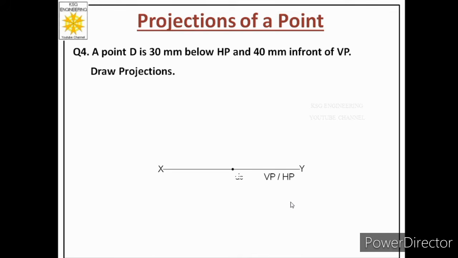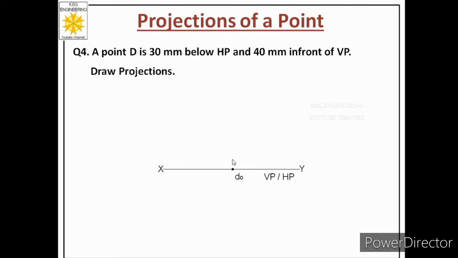Now the third step is to mark the reference point on the reference line, and after that we have to plot the front view and top view of the point. So for that we have to read the statement. So he says D is 30 mm below HP. So the distance is given from HP, so we have to plot this distance on VP. So where is VP? VP is below the reference line.